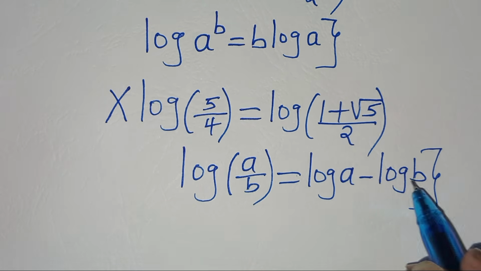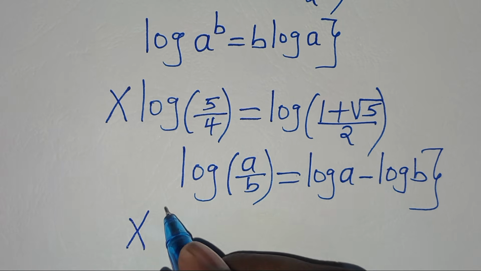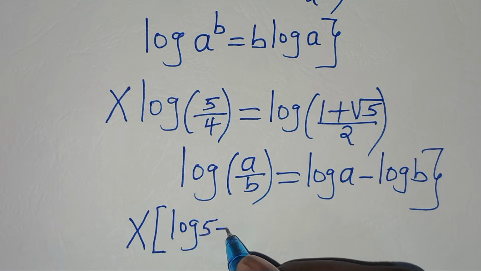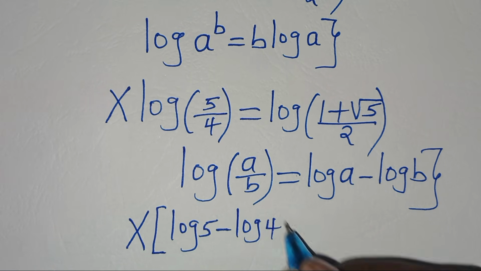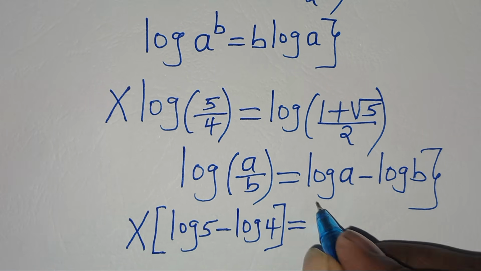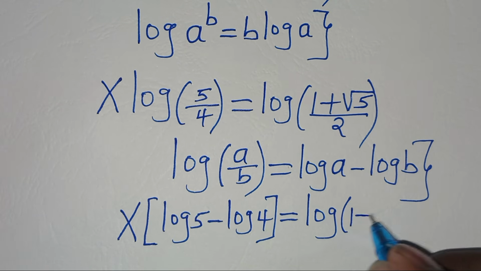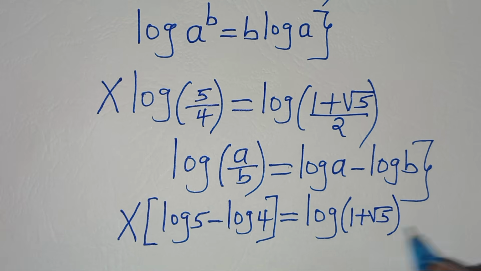Applying this property, here we have x times (log 5 subtract log 4) equal to log (1 plus root 5) subtract log 2.